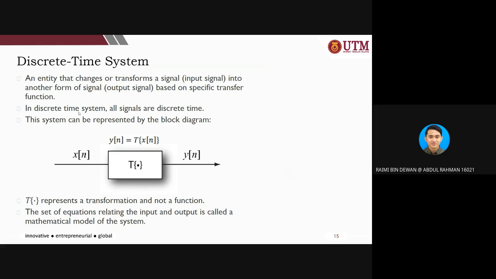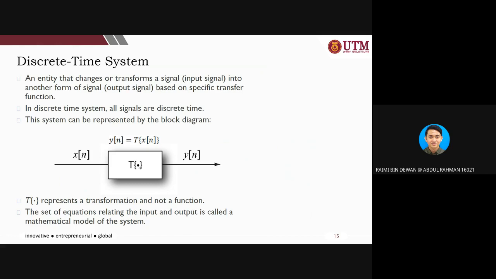In a discrete time system, all signals are discrete time. This system can be represented by the block diagram. So y[n] equals T of x[n]. You see here T in brackets represents a transformation and not a function.